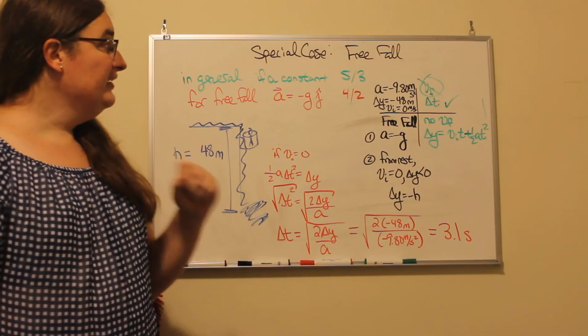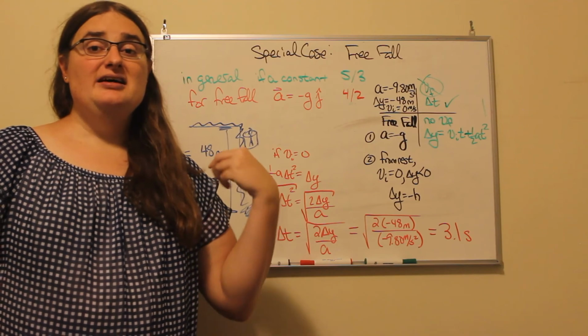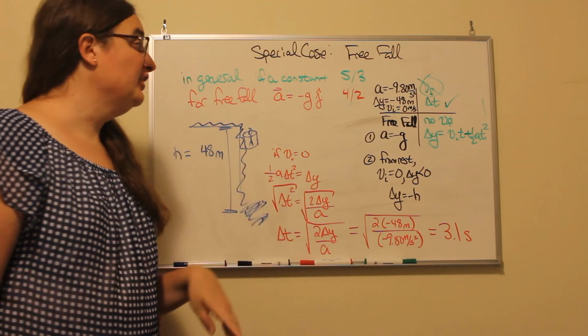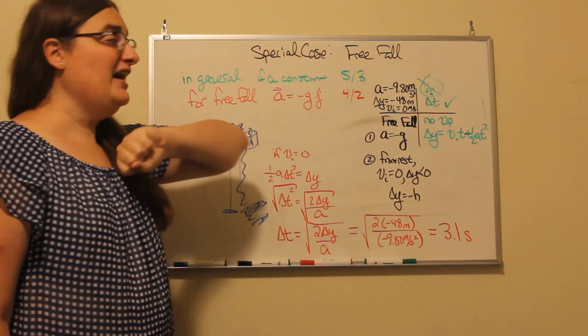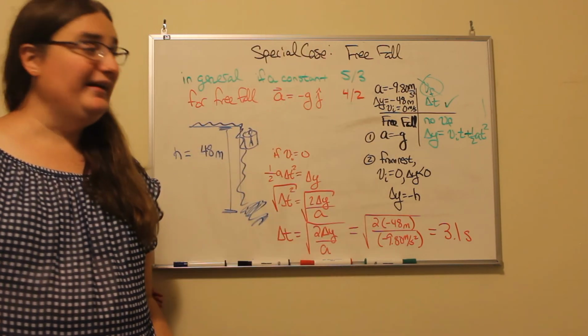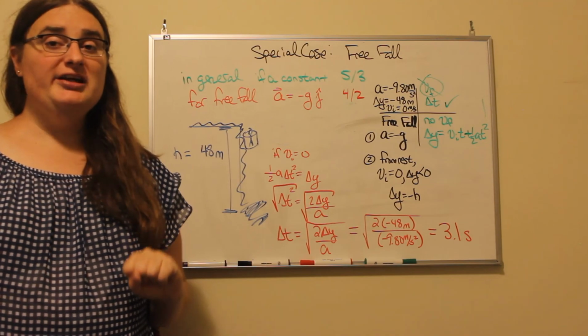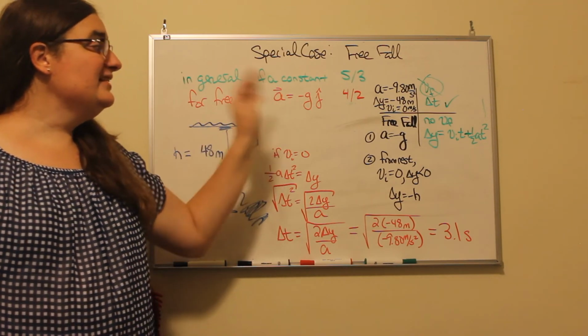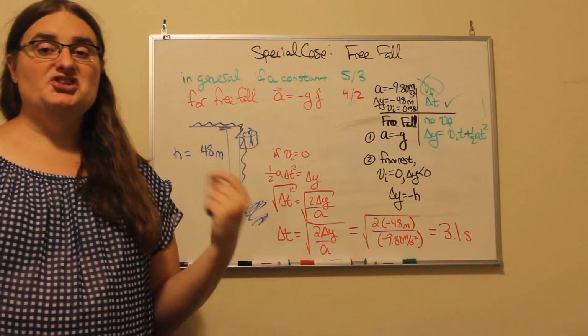It is falling only subject to the gravitational pull from Earth. And if we identify a case that we can label as free fall, instead of the 5/3 rule, where we have 5 possible variables for our kinematics and we need to find 3, free fall immediately fills in one of those as a known.